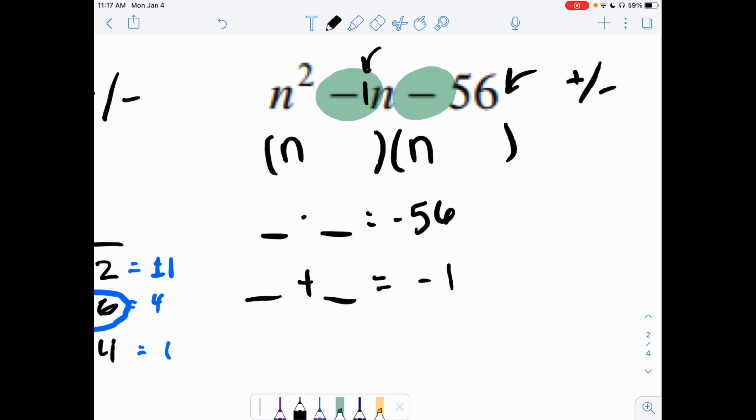Let's go ahead and write our factors of 56. Okay, our factors of 56 are 1 and 56, 2 and 28, and 7 and 8. So our bigger number has to be negative, so let's make our bigger number negative and see when I add these together which one gets me -1.